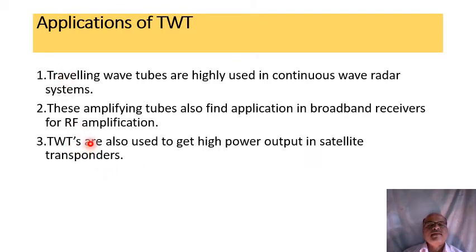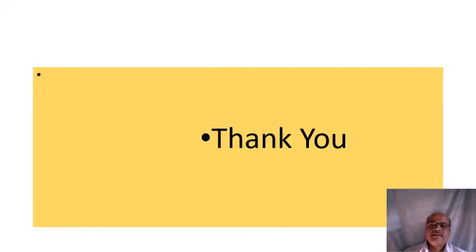So these are the applications: continuous wave radar, that is CW radar, then broadband receivers, and also high power output in a satellite transponder. Okay, so we have taken in detail the construction and working principle of a traveling wave tube.